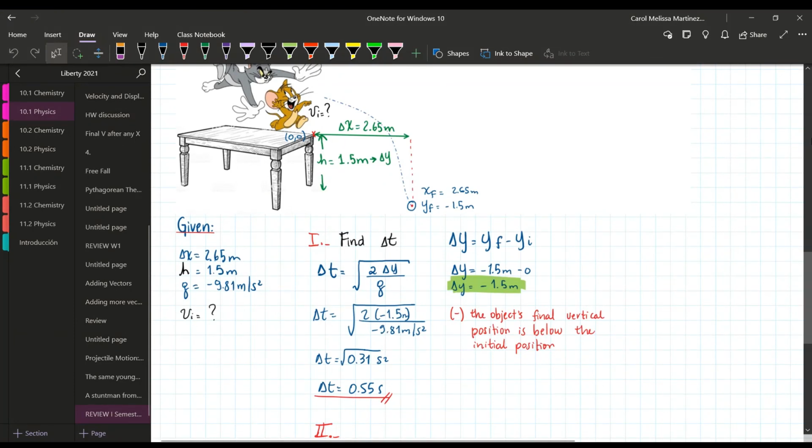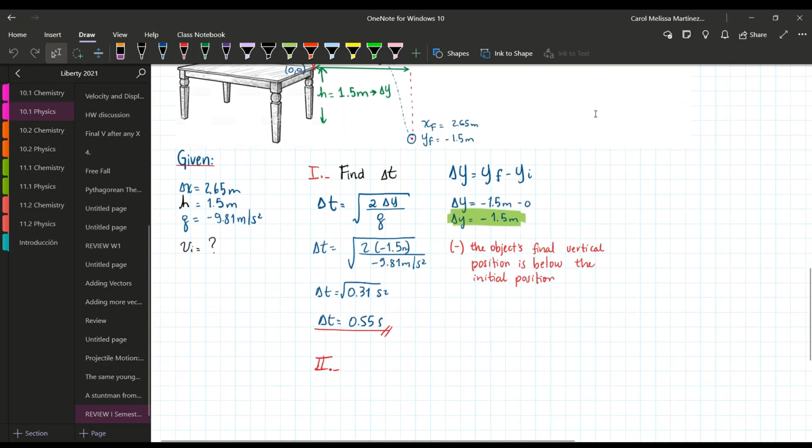Okay, after you get the time as 0.55 seconds, you go for the second step, which is finding the initial velocity. Remember that the initial velocity is in the x-axis.